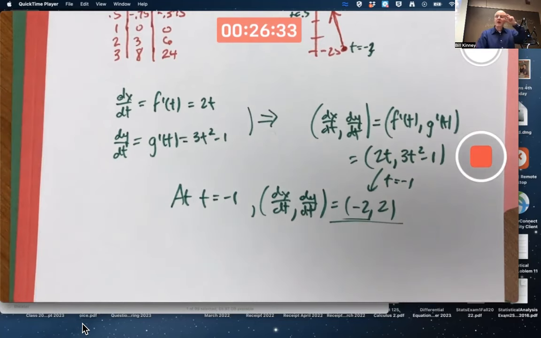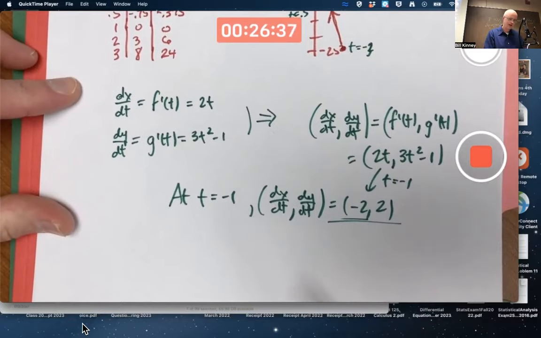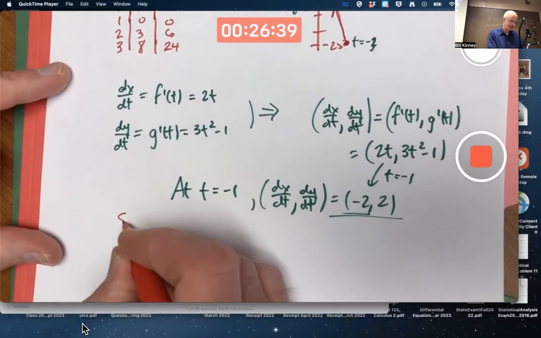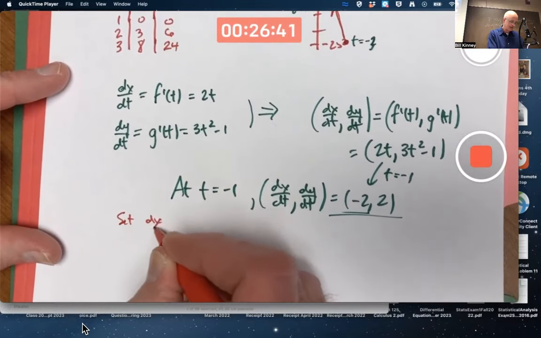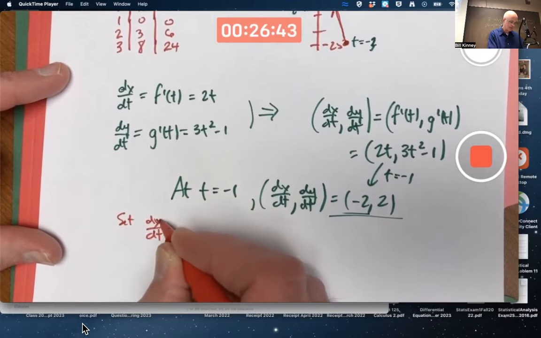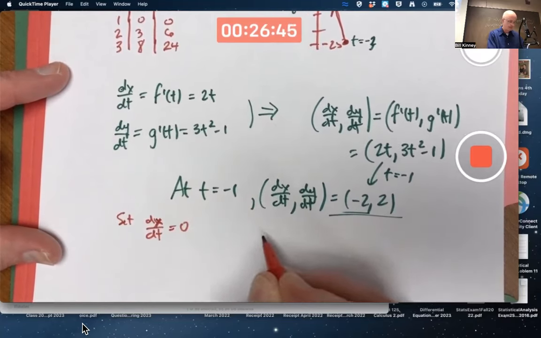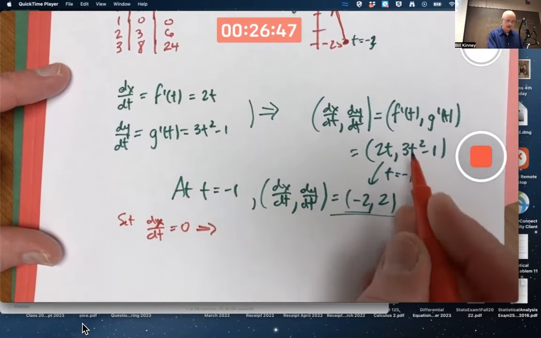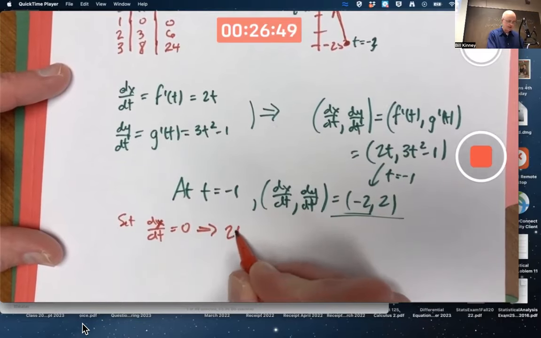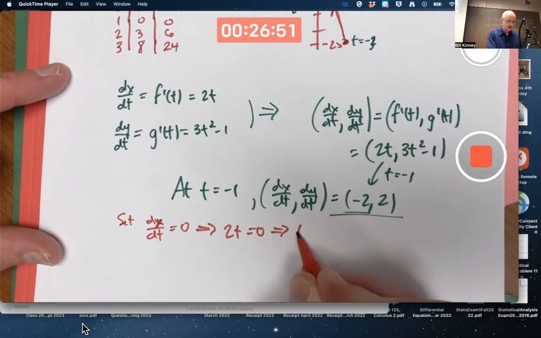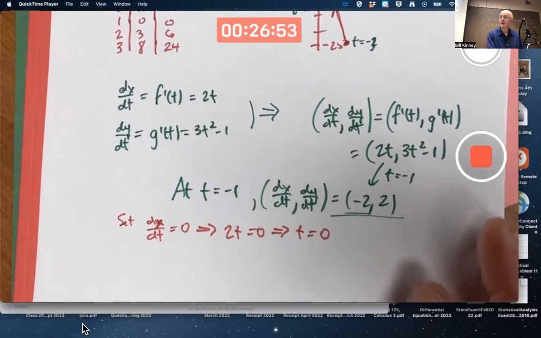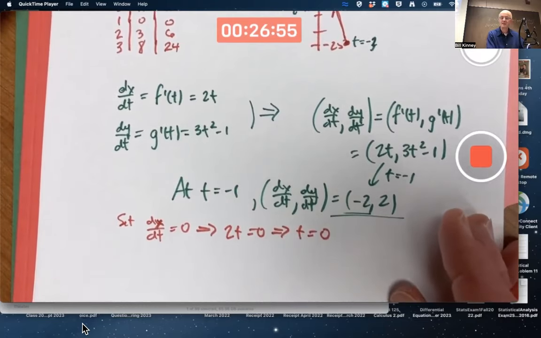Maybe it's useful to figure out where these things are 0. If I set dx/dt equal to 0, dx/dt is 2t, that means 2t is 0, that means t is 0. The x component of the velocity is 0 when t is 0.